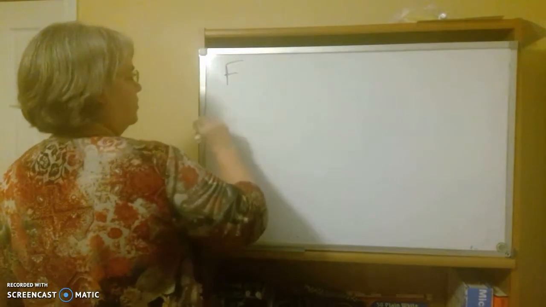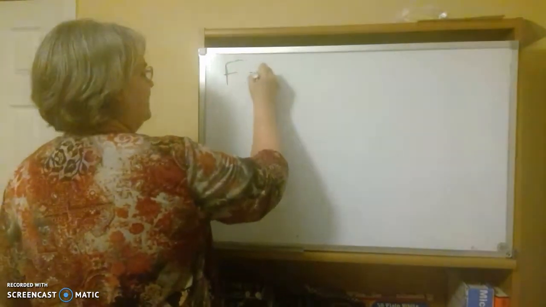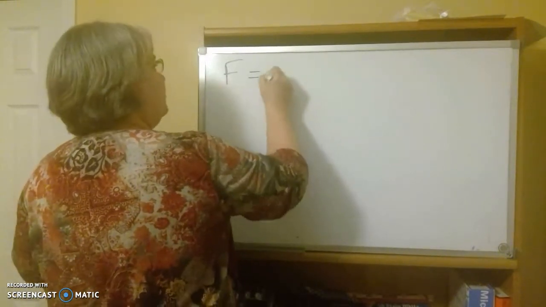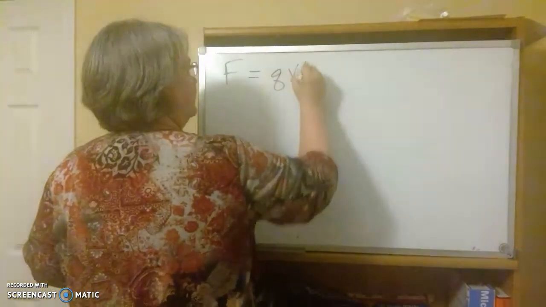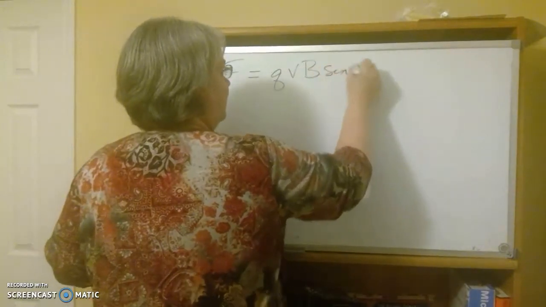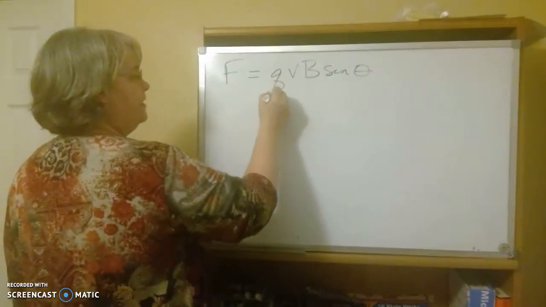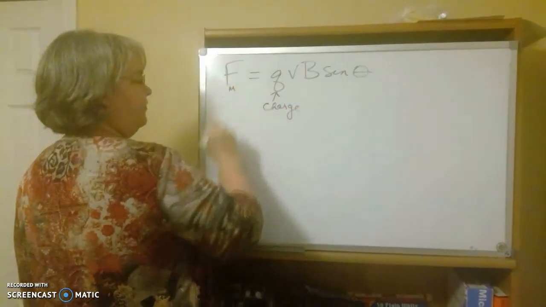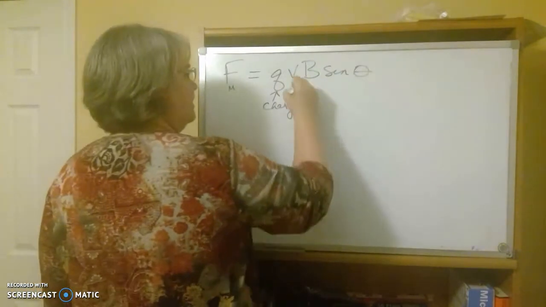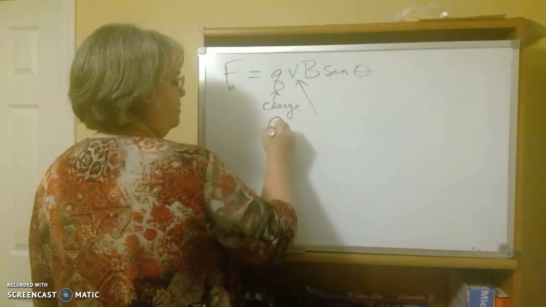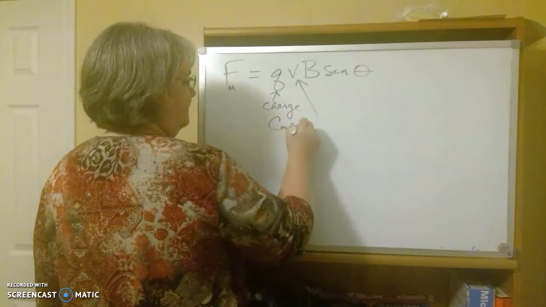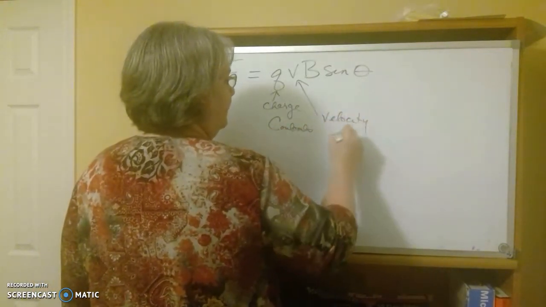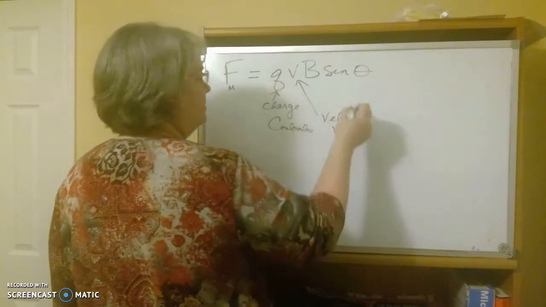The magnetic force is equal to QVB sine theta, where Q is the charge that you are pushing around with the magnetic field. So charge is in coulombs. V is the velocity in meters per second.